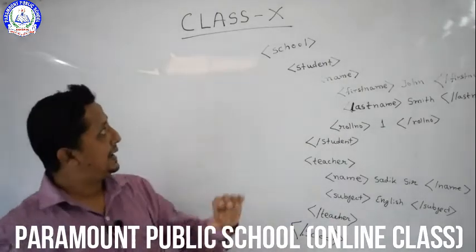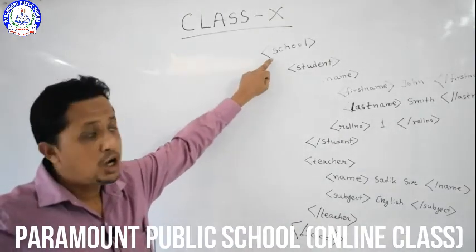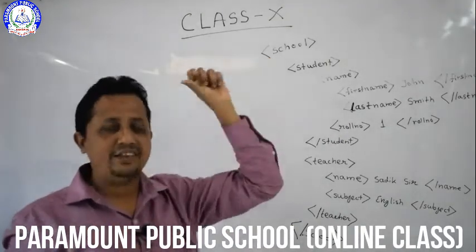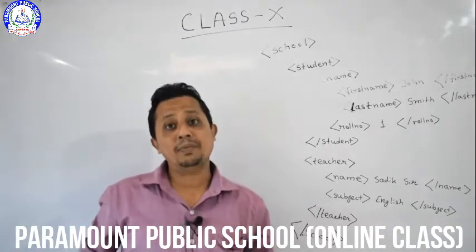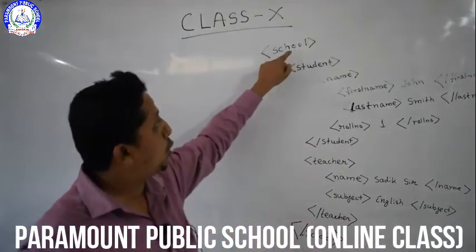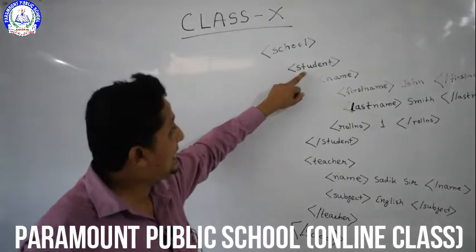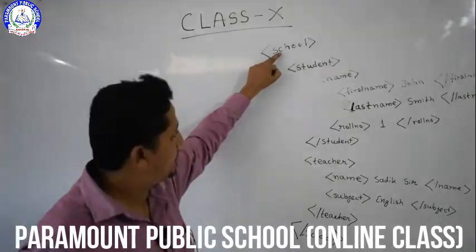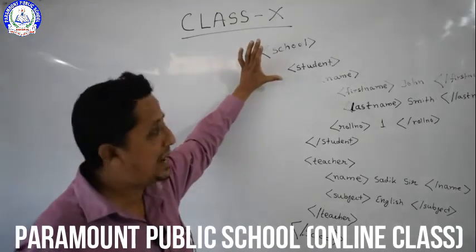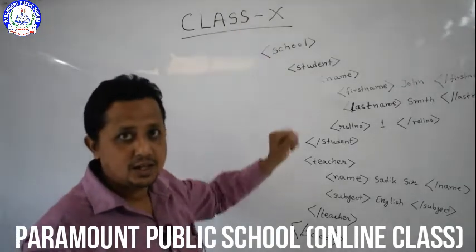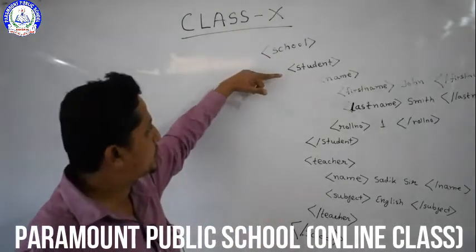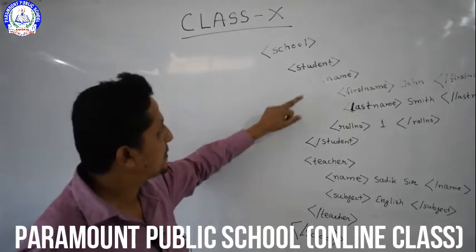Here, school is the root, because every XML document must have a root element. So school is the root. Student is a child of the root. The school actually has two children: one is student, another is teacher.